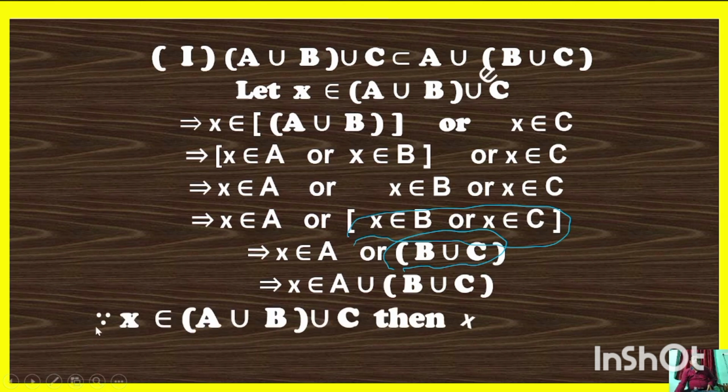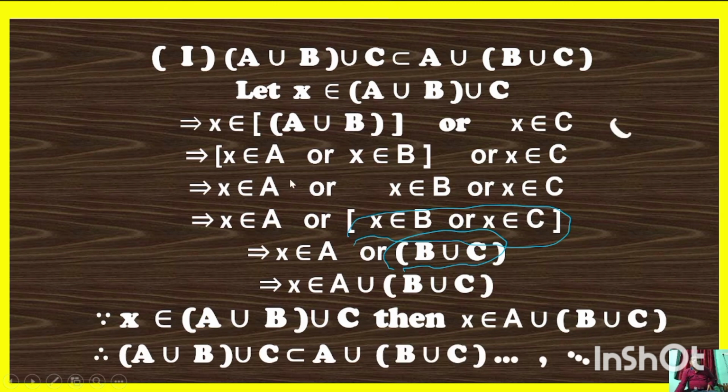Since X belongs to (A union B) union C, then X belongs to A union (B union C). It is clearly proved that (A union B) union C is a subset of A union (B union C). Understand? Is this concept clear?